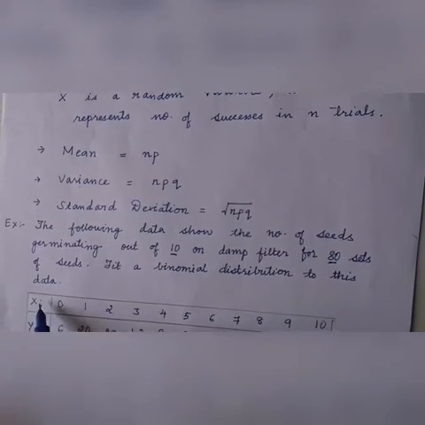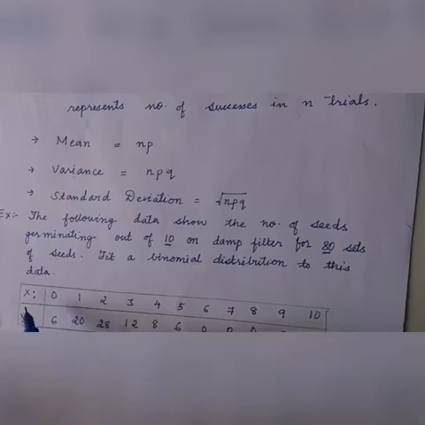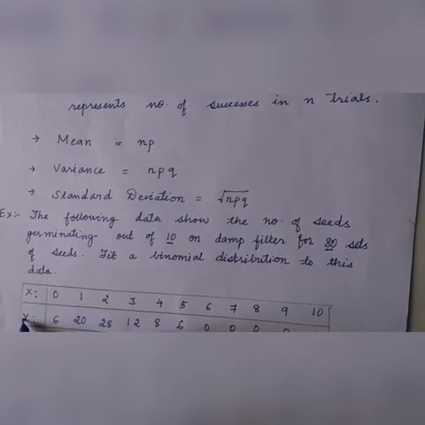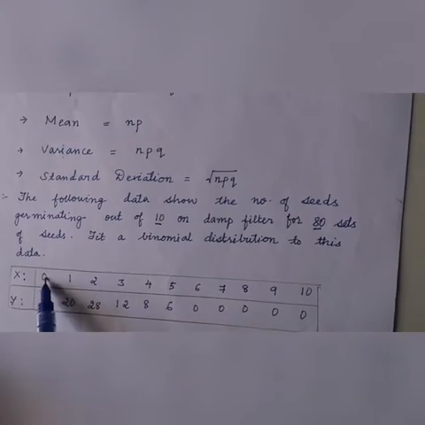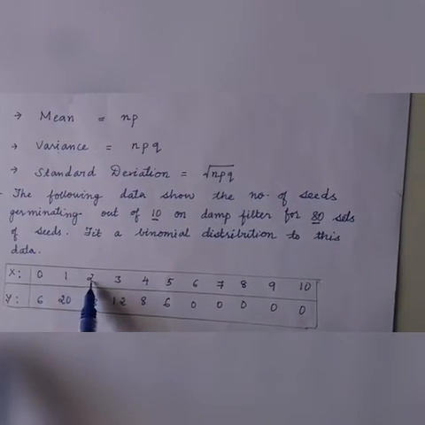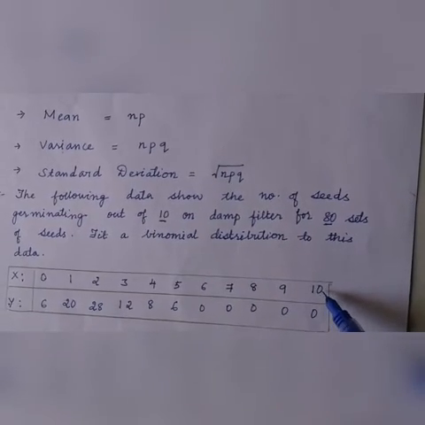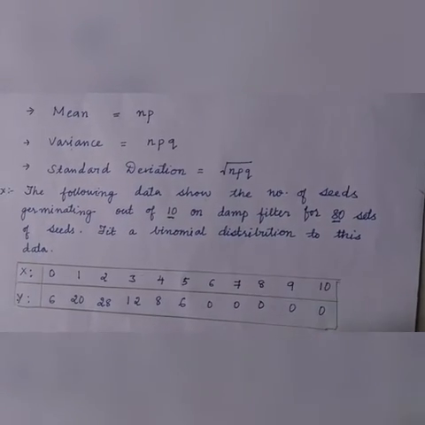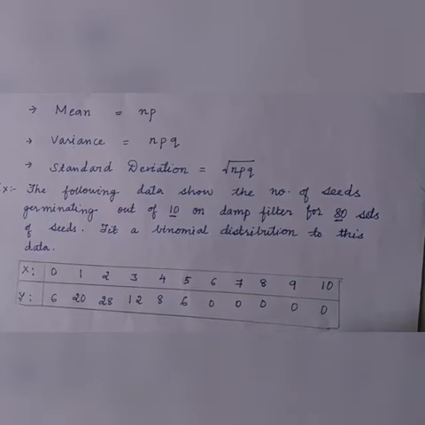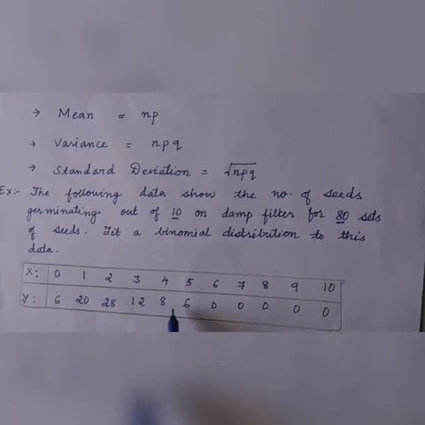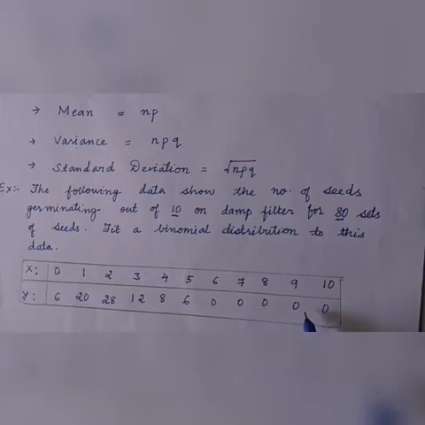So x is whether the seed is germinating or not. This is a random variable x, and y here is nothing but the frequency. So we have 0 seeds germinating, 1 seed, 2 seeds, 3 seeds, and so on, up to 10 seeds germinating. And what is the frequency of the seeds germinating? We have 6, 20, 28, 12, 8, 6, 0, 0, 0, 0, 0.